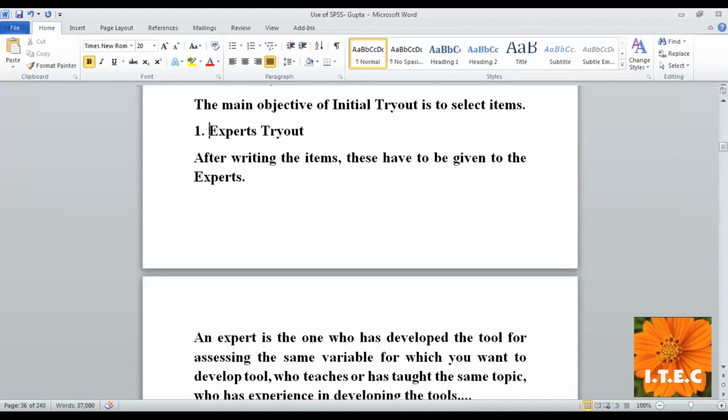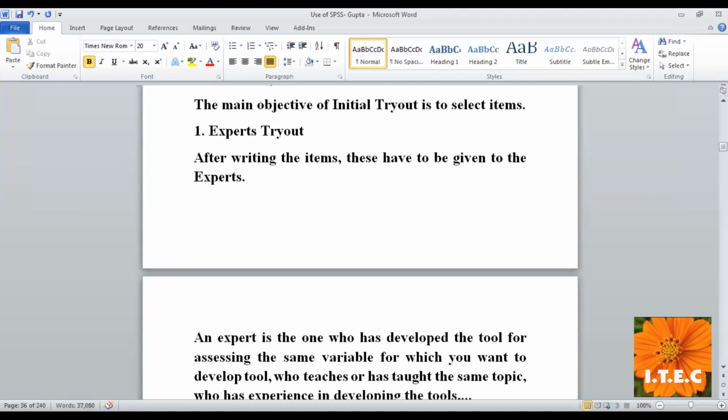In case the item is not, then request him to modify the item. And if the item cannot be modified, then he can recommend removing or deleting the item. You can request also that if possible, you may add 1 or 2 items. So you are sending your operational definition and items along with this letter.